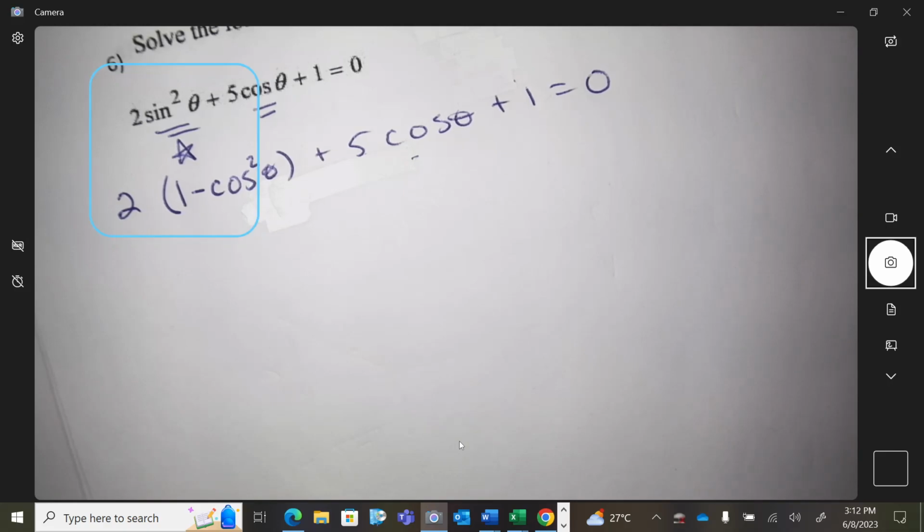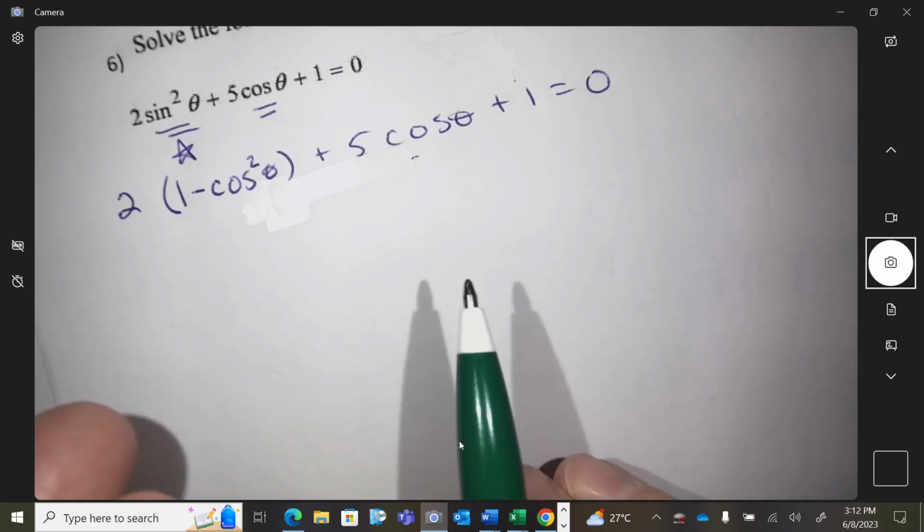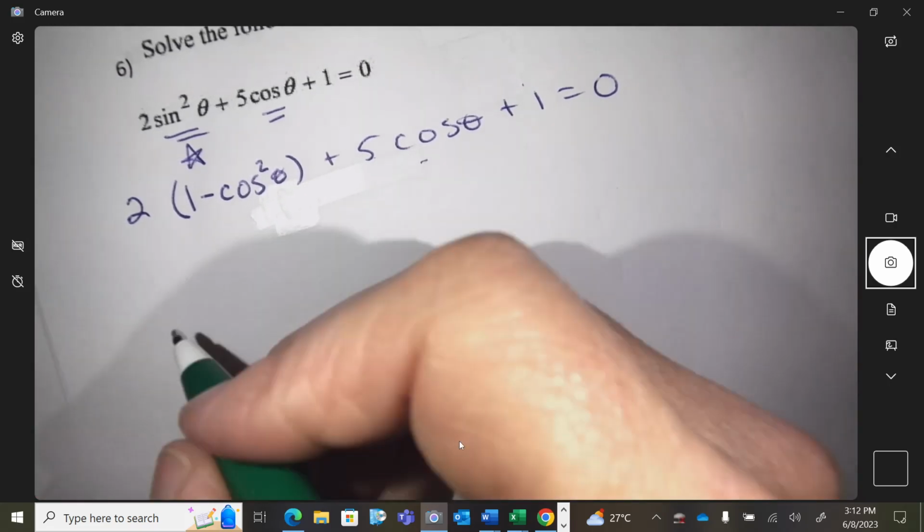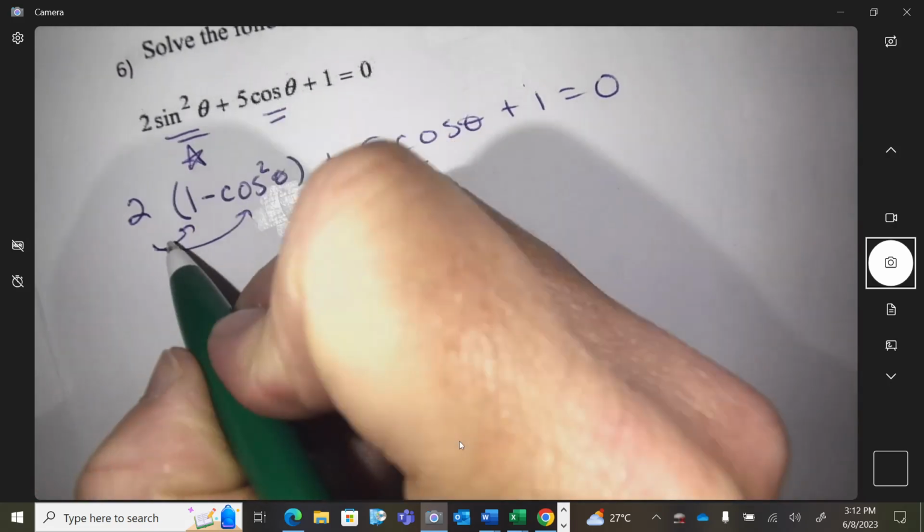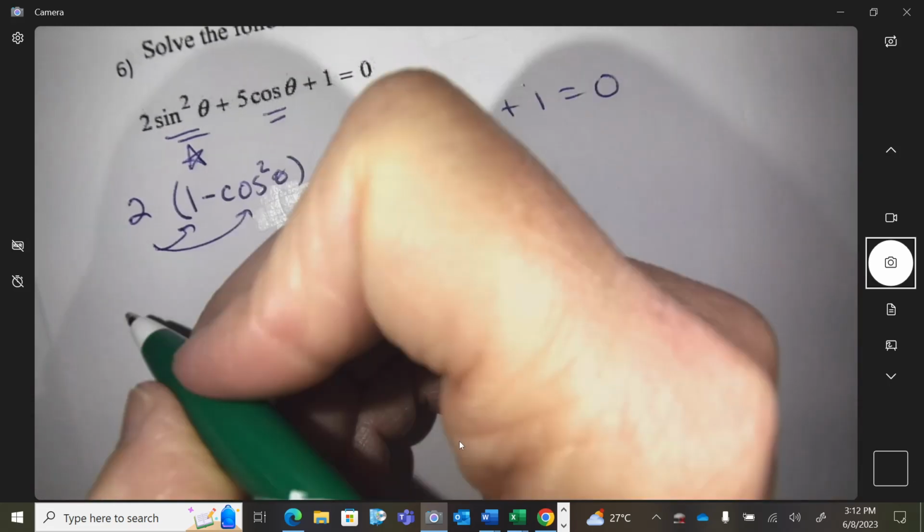Now, okay, so did you recognize that? Make that substitution so that everything looking forward is in cos stuff. So I'm going to go distribution to that. This is just algebra stuff.